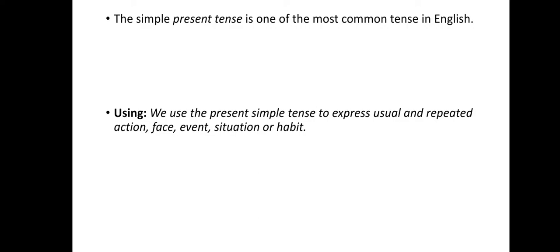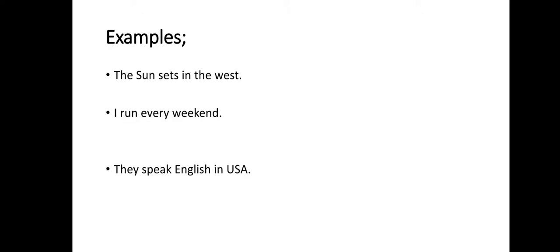So for example, the sun sets in the west. This is a natural truth. This is nature, the sun sets in the west. So we can use present simple tense for that.